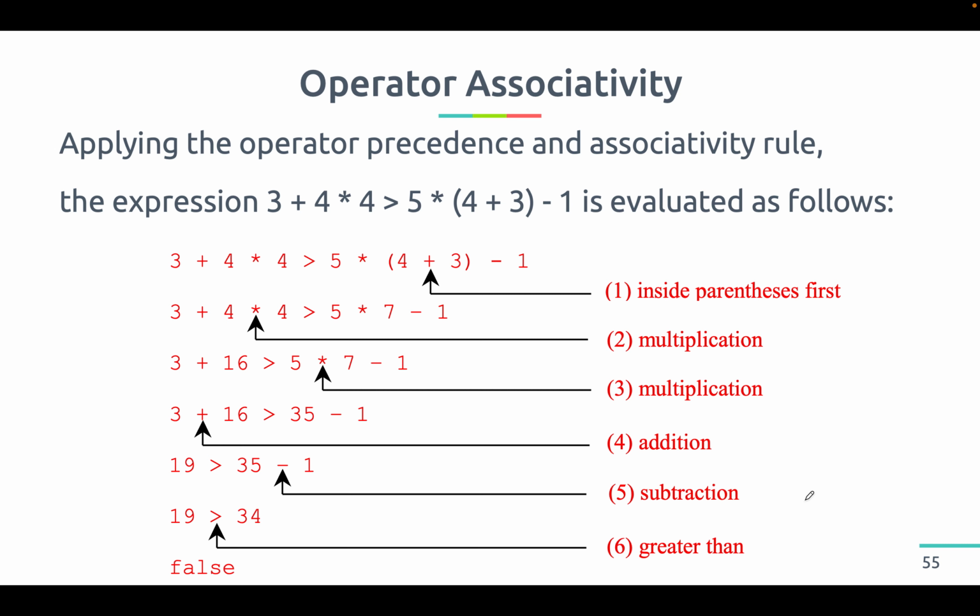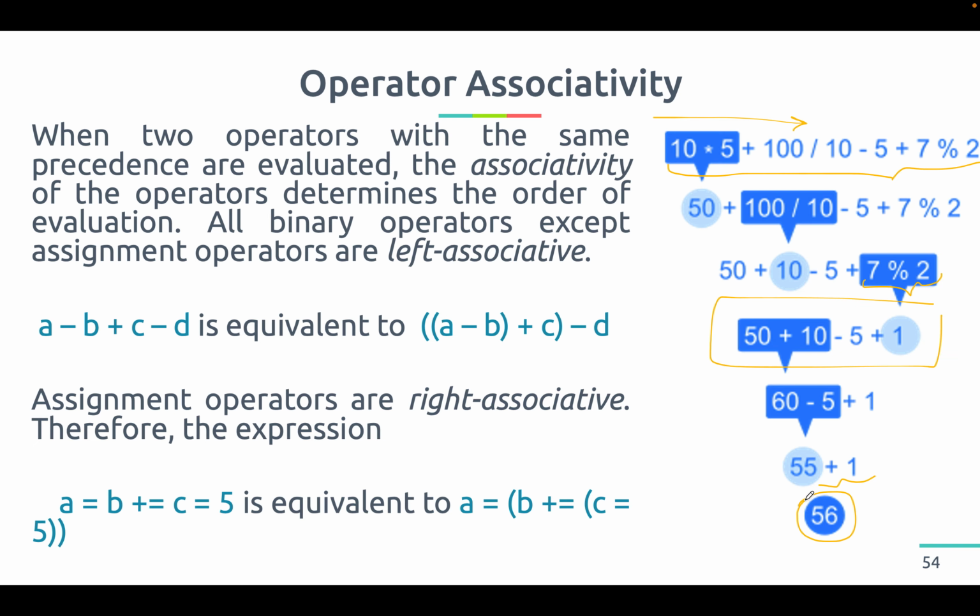And of course, if we have parentheses, then that gives any operation higher precedence. So if we have, for example, parentheses here, then this will give addition the higher precedence, even though usually multiplication has higher precedence than addition, because we added the parentheses.